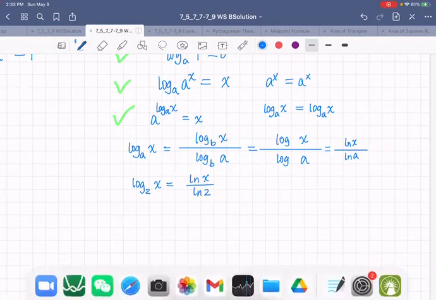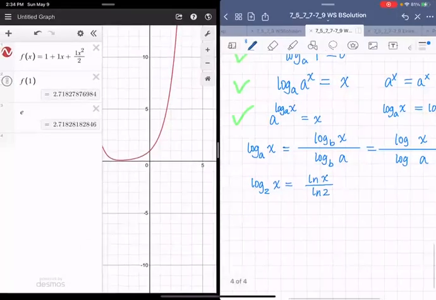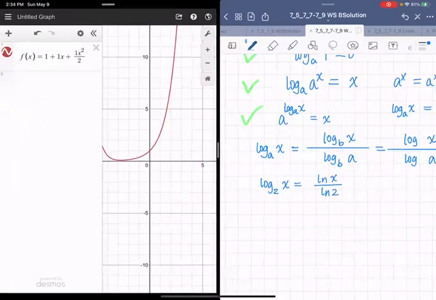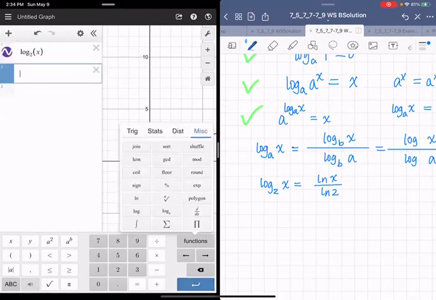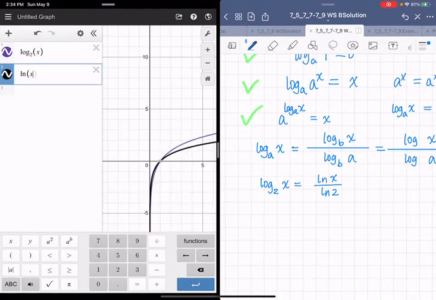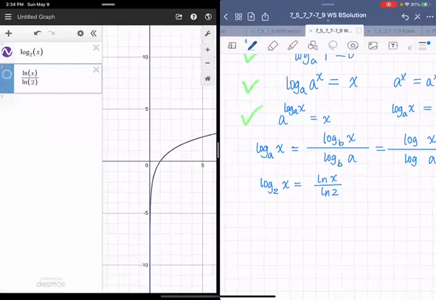Of course, this is really true. Okay, this is log base 2 of x. This is ln x. You say, teacher, they are not the same. Of course, you haven't divided by ln 2 yet. Oh, they are identical. Did you notice that? They are identical, okay?